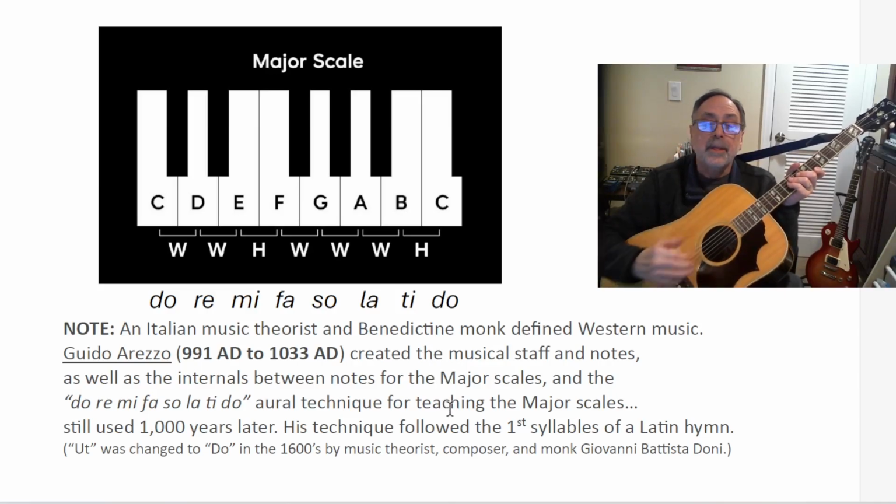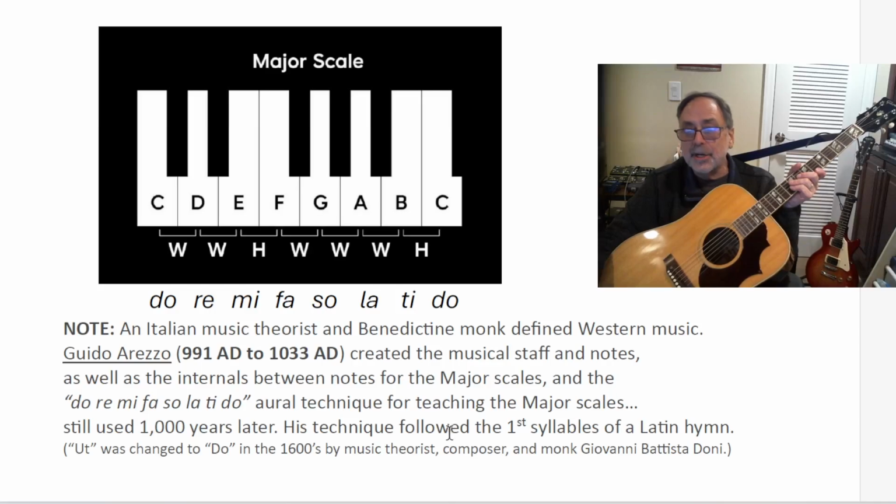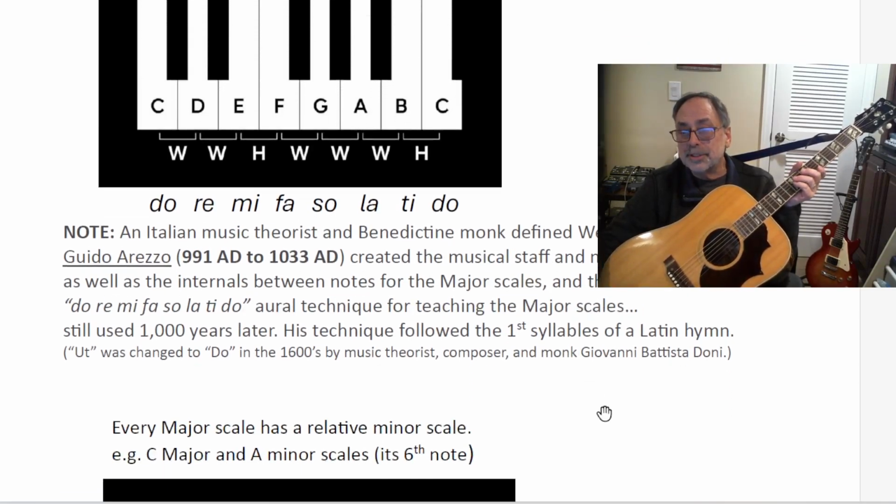The sound comes from a Latin hymn, and it was originally ut, re, mi, fa, sol, la, ti, ut. And in the 1600s, another Benedictine monk named Giovanni Battista Doni changed the ut to do. He thought it was Latinized, and made it more Italian sounding and less Latin sounding. So that's where that comes from. We've been learning that in kindergarten for 1,000 years, and it still works.